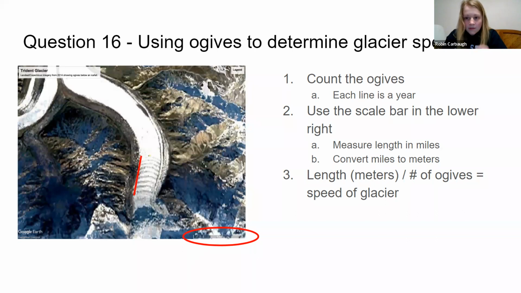And so that would be it in miles. And then we'd have to convert miles to meters because that's what the question asks for. I just went online and did a miles to meters conversion, since that's an awkward conversion. And then you would take that length that you found in meters and divide it by the number of ogives, and it will give you the speed of the glacier.